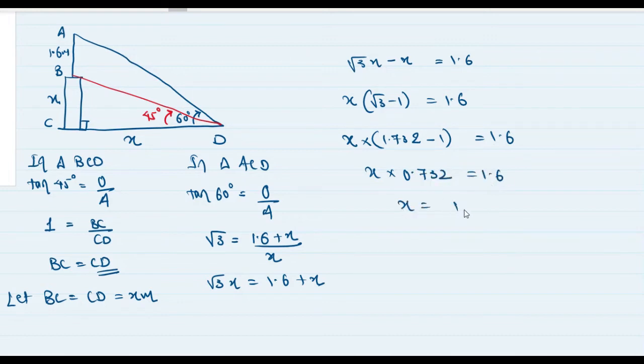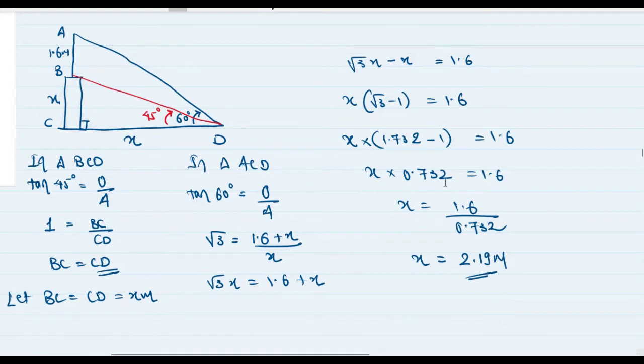So x is equal to 1.6 divided by 0.732, which is 2.19 meters. So this is the height of the pedestal. Pedestal is the platform, whose height is 2.19 meters approximately.